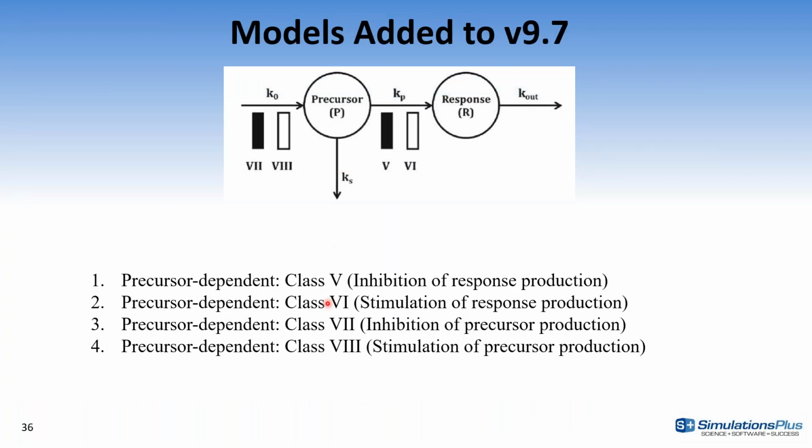So we've added the 4 new indirect models, the class 5 and 6 that account for inhibition or stimulation of the response production, 7 and 8 accounting for the inhibition or stimulation of the precursor production.